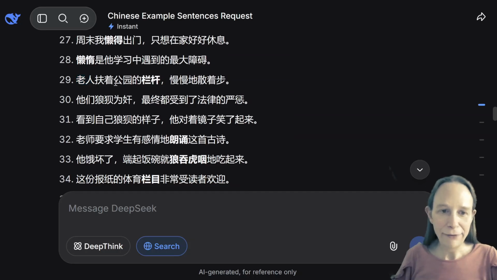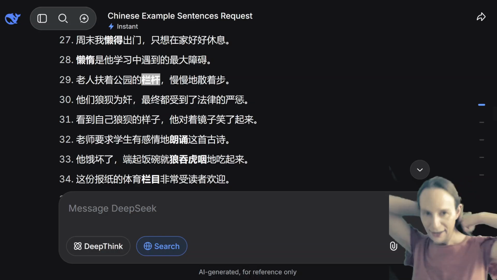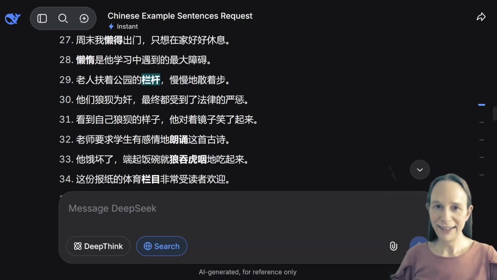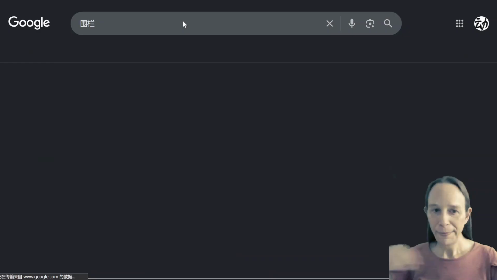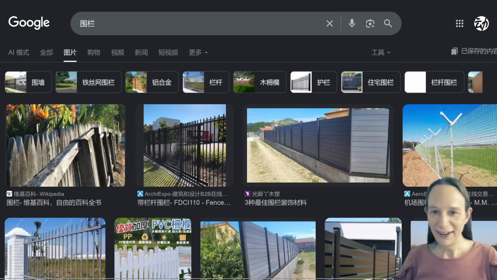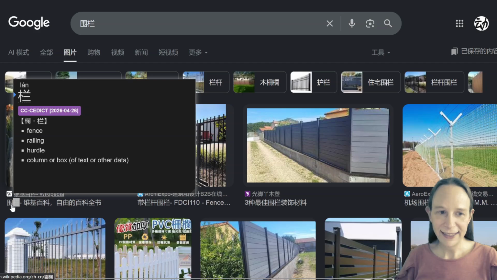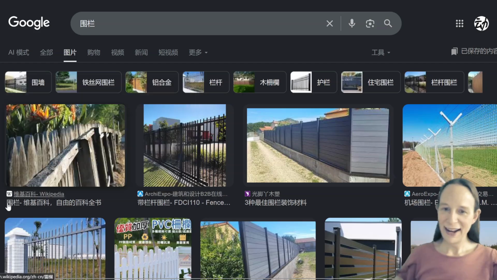OK， 老人扶着公园的栏杆，慢慢的散着步。So 栏杆. There's a few words we need to go through first. So 围栏, the fence. 栏 by itself kind of means fence. 围栏 is a fence going around.